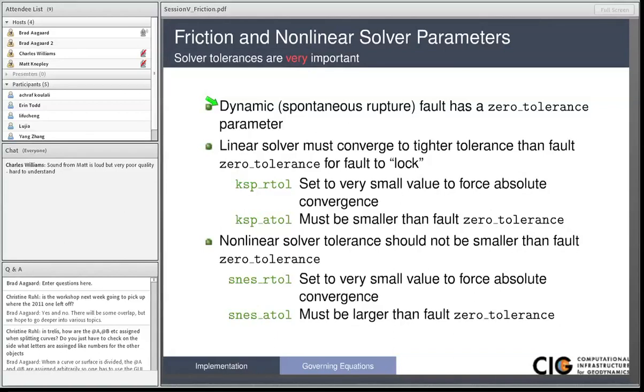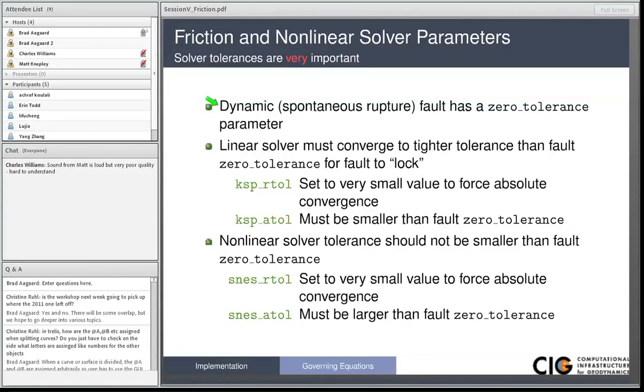We're actually using non-dimensionalized units within PyLith, but it's usually on the order of something like 10 to the minus 15. We have round-off errors, and so we want to be able to say whether the fault is locked or not when we apply the fault constitutive model. So we have to use this zero tolerance.